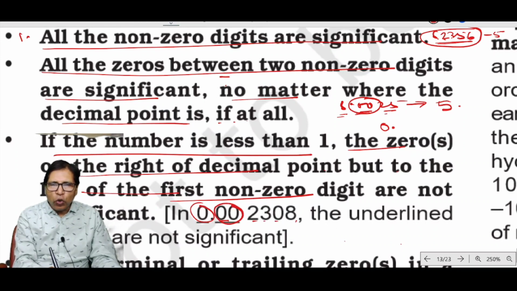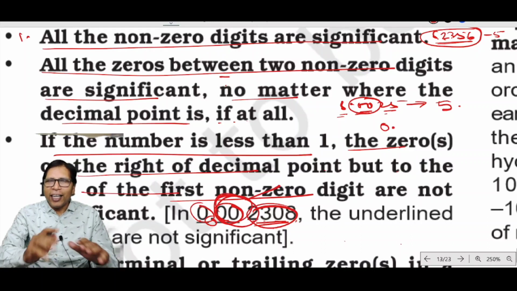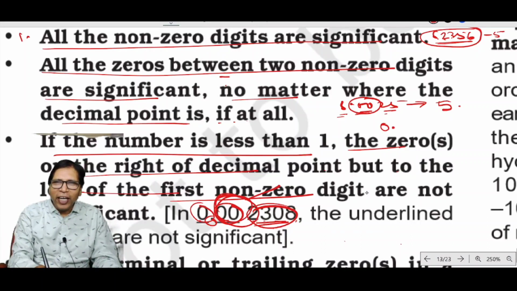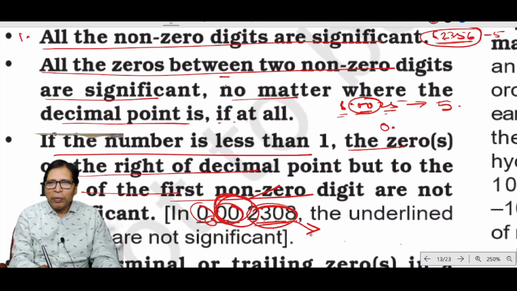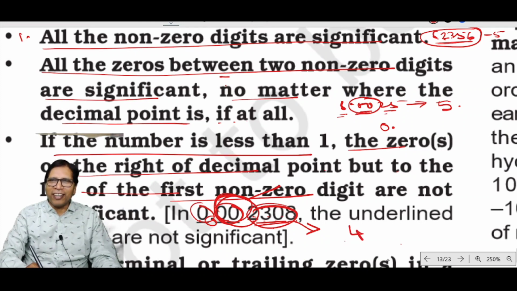These two zeros are to the right of the decimal point and to the left of the non-zero digits, so these two zeros are not significant. So the significant digits are 2308.